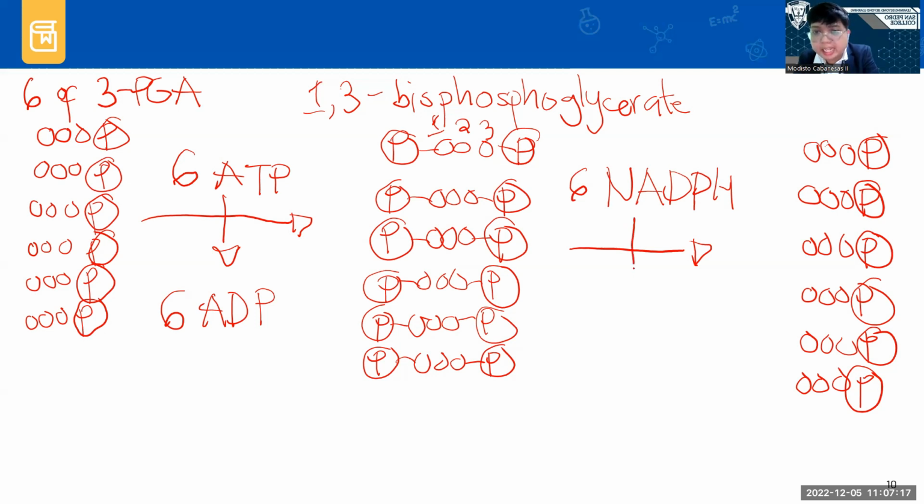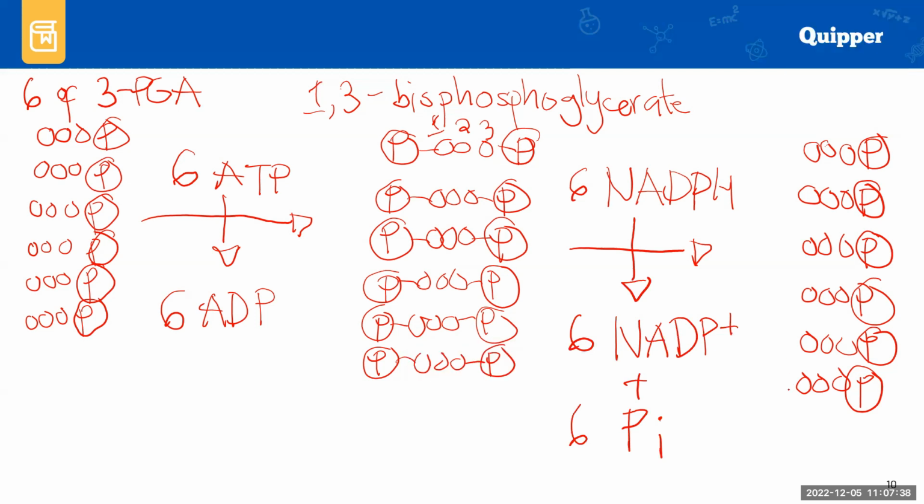So ngayon, si NADPH will become NADP+. Then, meron tayong 6 din na phosphate ions. Saan galing yung phosphate ions? Yun yung galing sa first carbon. Then, saan galing si NADP+? Ang NADPH lang siya, tinanggalan natin ng hydrogen si NADPH at naging NADP+ na siya.